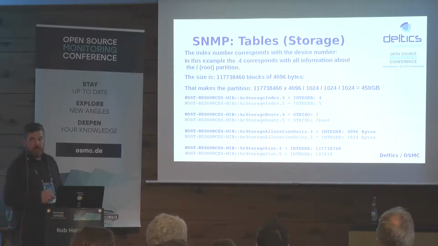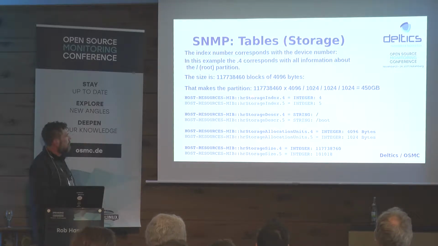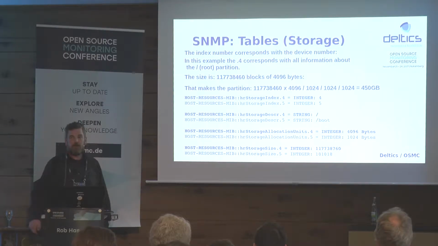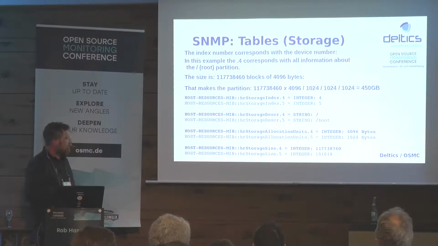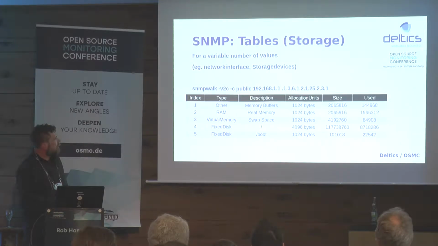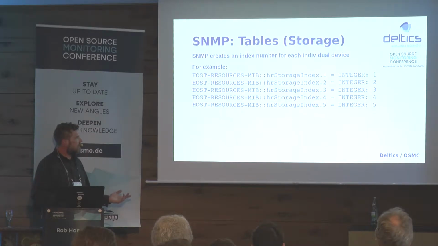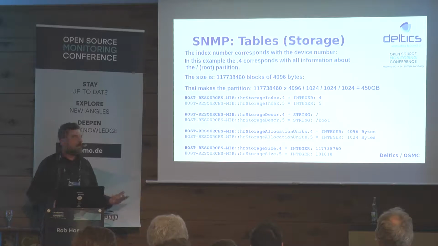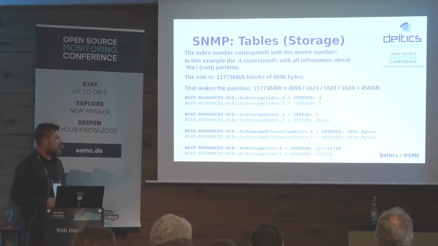So if we want to ask the system how big the hard drive is, we take the size times the blocks, the allocation units or block size, and then divide it a couple of times by 1024, and then we know how many gigabytes this hard drive is. And we also know what the system's usage was, because it also tells us here how much is used, and then you can subtract it and know how much data is on this hard drive.